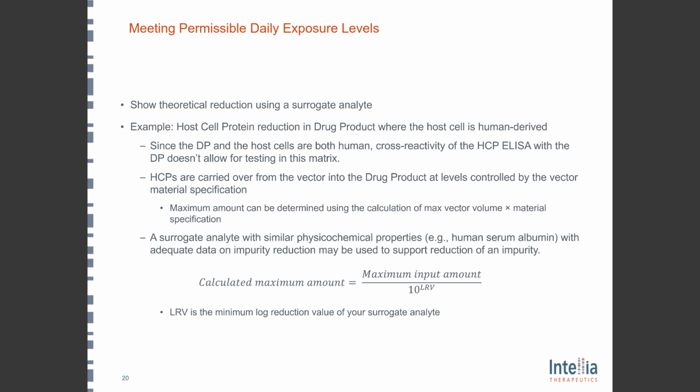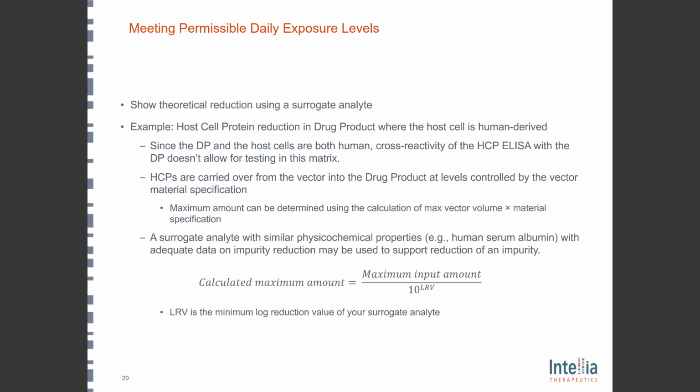A surrogate analyte with similar physicochemical properties, for example here, human serum albumin, might be used with adequate data on impurity reduction. You can use that to support your reduction of an impurity. In order to calculate your maximum amount in your final drug product, you put the maximum input amount of your host cell proteins in the top of the equation and divide that by 10 to the LRV of the human serum albumin that's already been determined empirically.